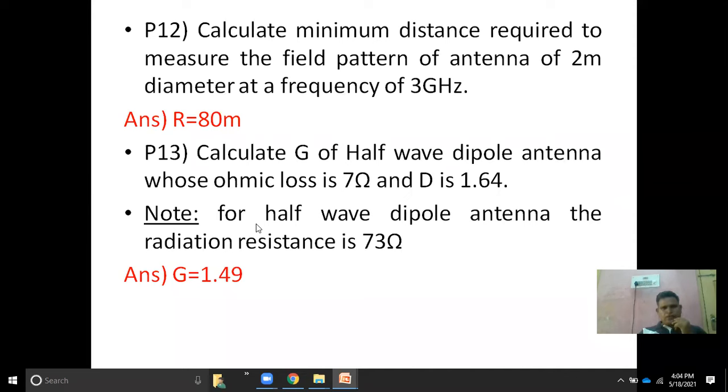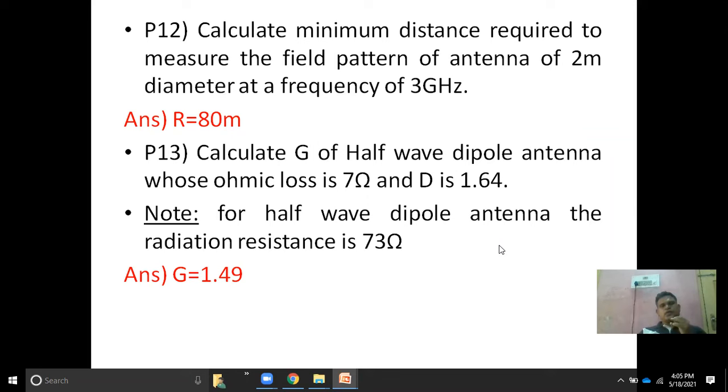Tell me what is the value of lambda? If you know the lambda value, you can easily calculate the R value. R is equal to 2D squared by lambda. You already know the value of D. D is equal to 2 meters. The only thing is you have to calculate the wavelength lambda.